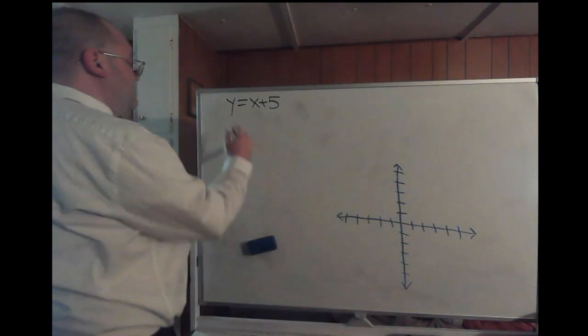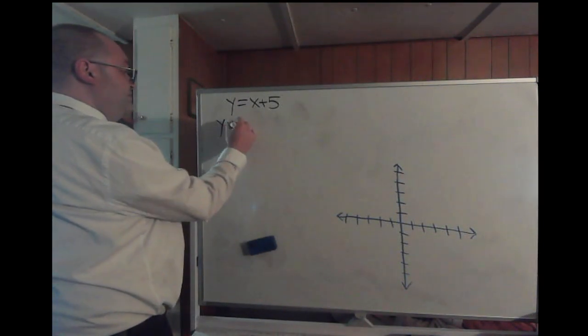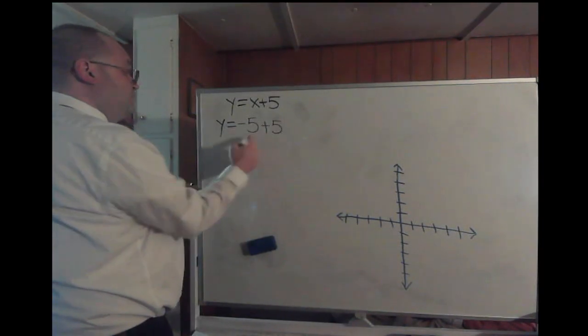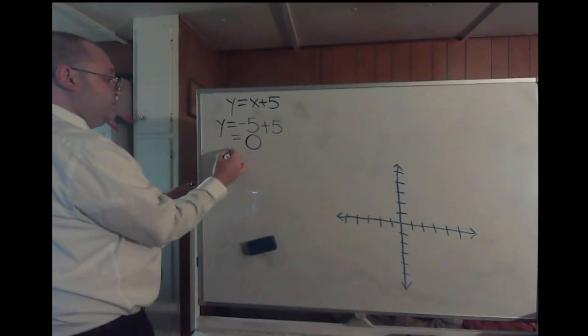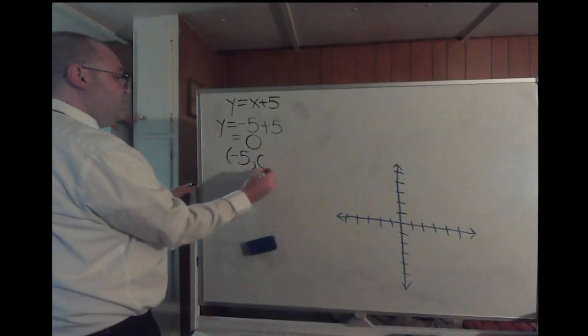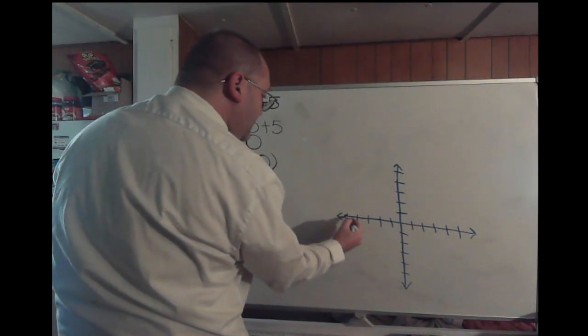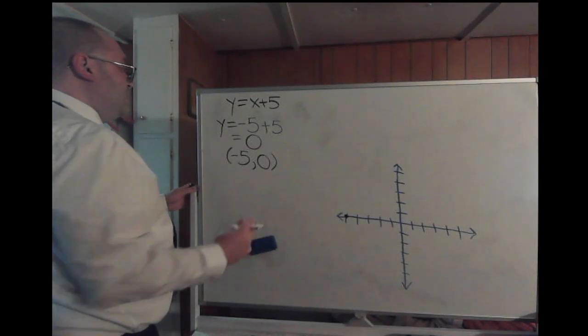What if I pick x being -5? So if I make x -5, I'll put that in for where x is. We'll have -5 plus 5. Well, -5 plus 5 is 0. Y would be equal to 0. So when I make x equal to -5, y is 0, I'll have the point -5, 0, which would be right here. -5, 0. Alright.